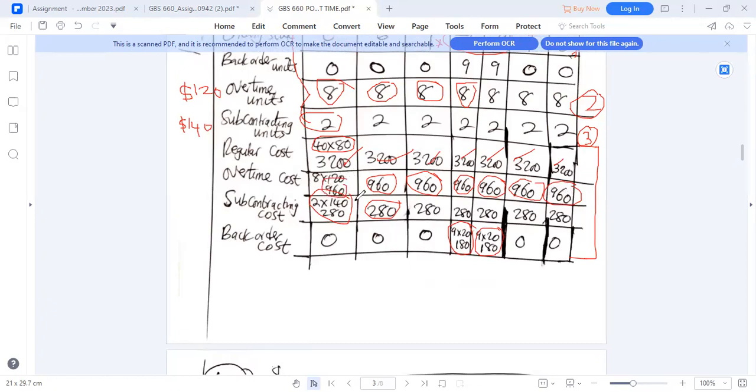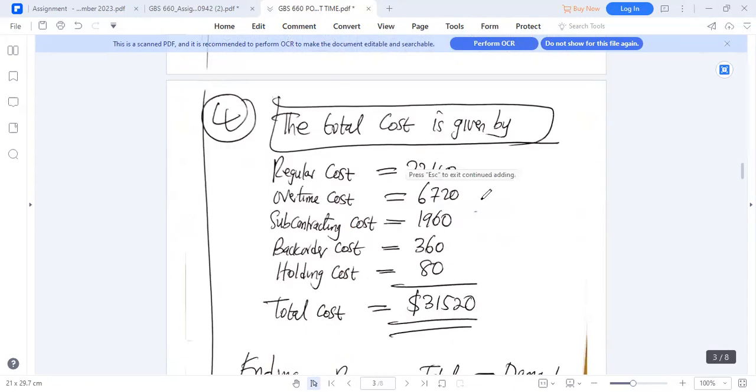Subcontracting is just getting down to these ones here, the 280 throughout up to the far end. So our subcontracting is 1960, 6,720, 22,400.